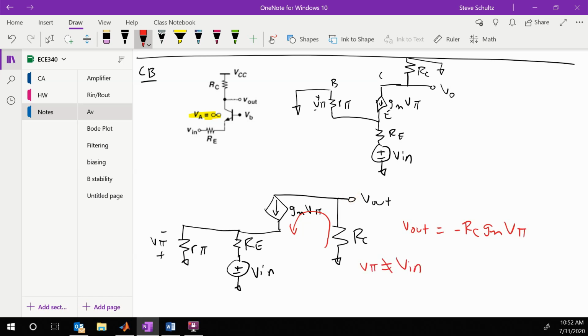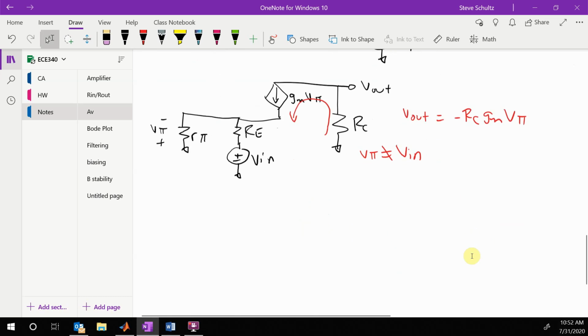So we have to figure out how V pi is related to V in. Once we figure that out, then we just plug it in here and we get our gain. So again, we're going to have to do a node right here to figure out how all of this is going to work out. So again, let's just call that my VE node like we did before.